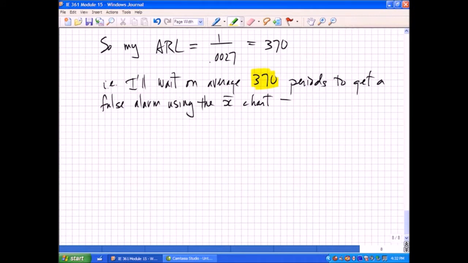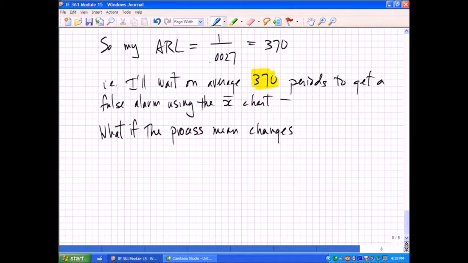Now, in contrast to that number, though, let's compute another one. Let's compute what happens if the process mean changes. I'm going to have to say how much the process mean changes. I'm doing a what if calculation here, so I can make any choice I want.